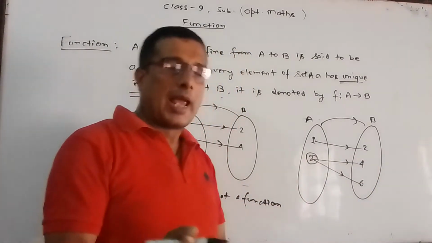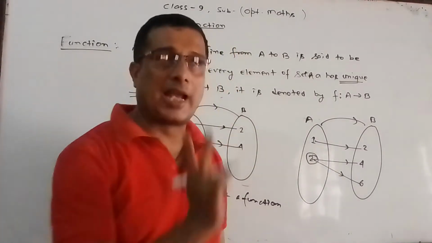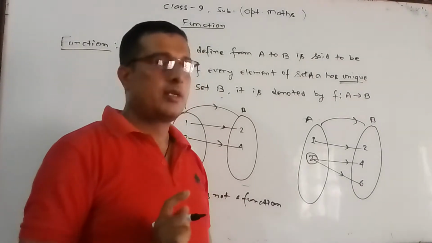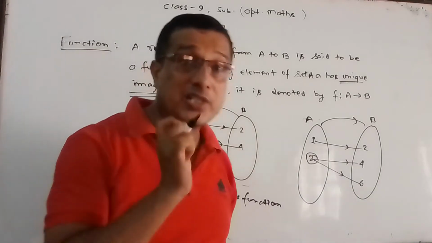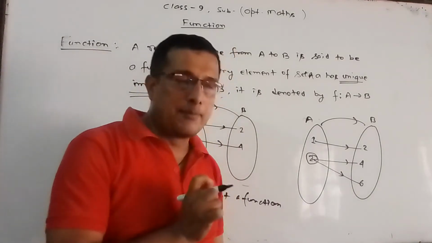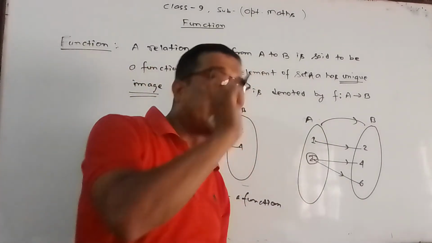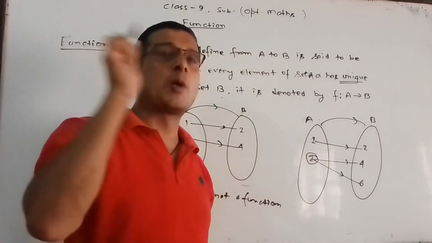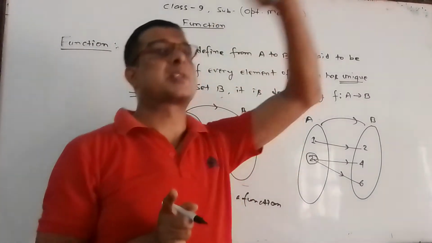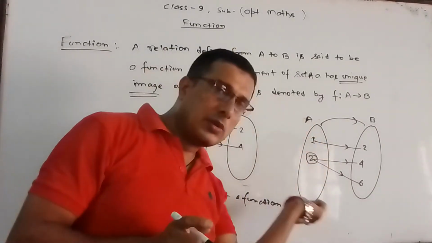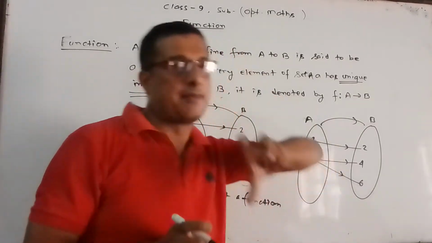Anyone cannot be in two places at a time. If you are present at home, at that time you cannot be present at school. If you are present at school, then you cannot be present at home. So any object cannot have two images at the same time.